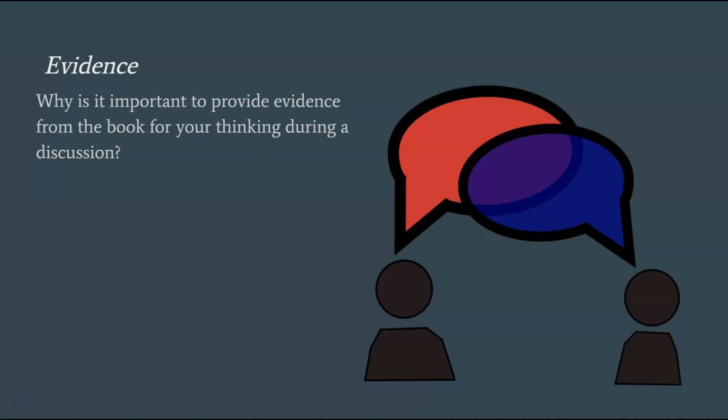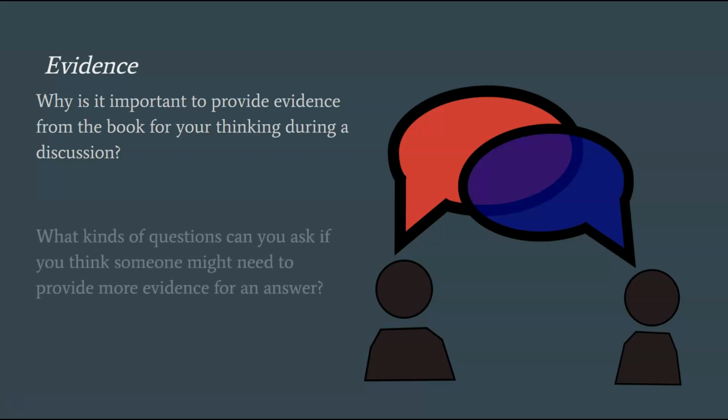It's about discussing and inspecting the books that we're reading, digging deeper into those books, pushing our thinking. And that's why providing evidence from the book is so important, because it's not about agreeing with each other. It's about being able to use the book and the author's words to make sense of what we're thinking.